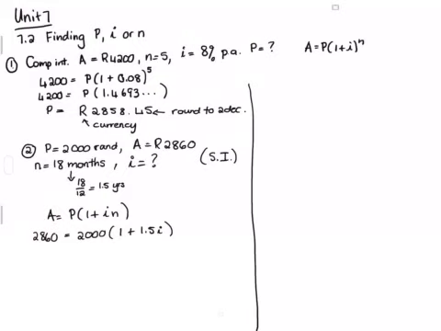Right, notice that if your money is getting more, if you're getting interest on it, this final amount must be bigger than my principal amount. Another thing, if you have an equation like this and you have both of these values, then divide both sides by the value in front of the bracket. That way you get rid of the value in front of the bracket.